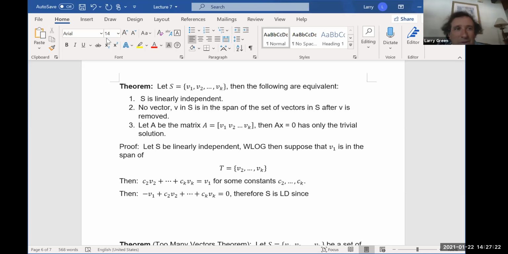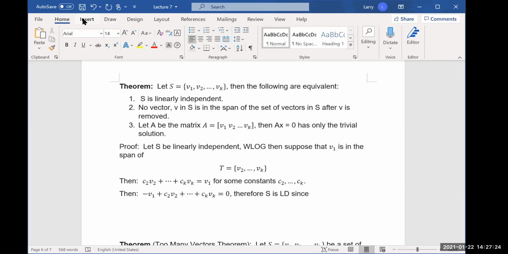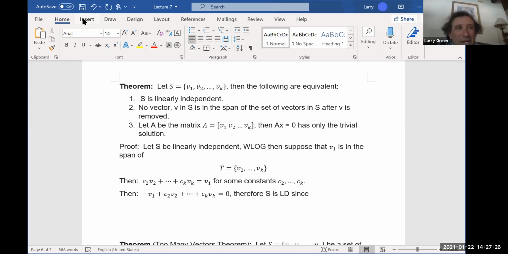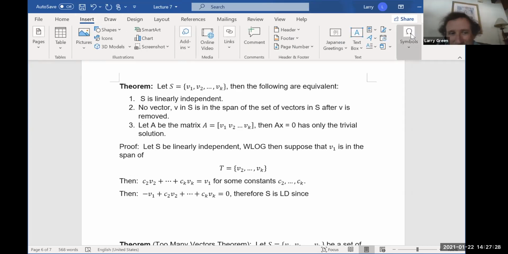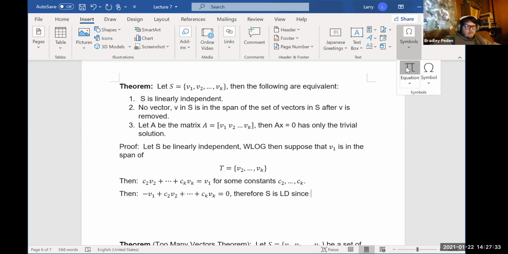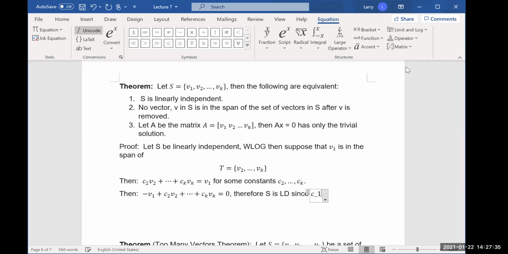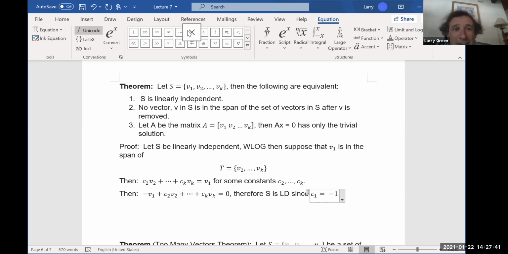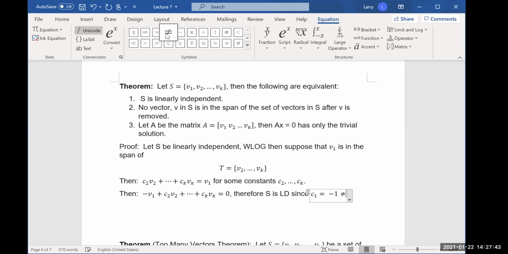There is a C1, and that's the whole point. What is C1? It's one more time. -1. It's -1 at the end. Since C1 is just one thing, it's -1. And what is -1 not? It's not equal to 0.